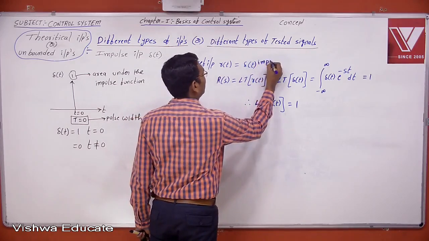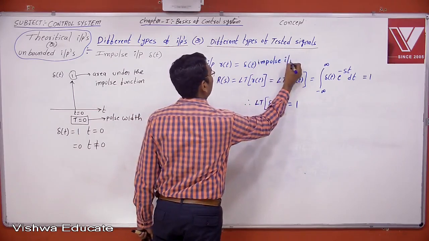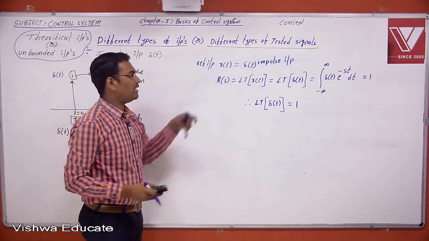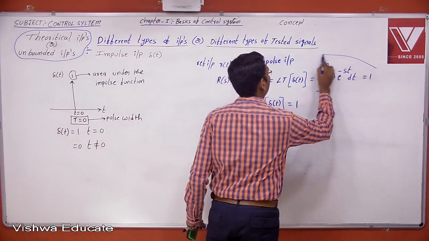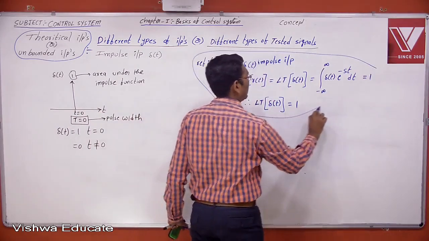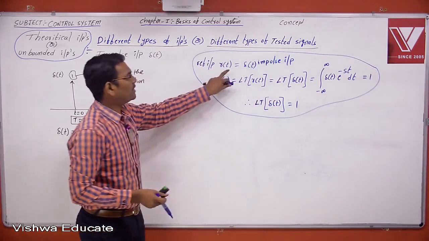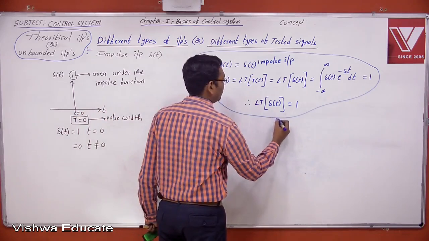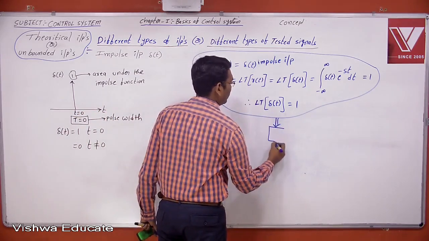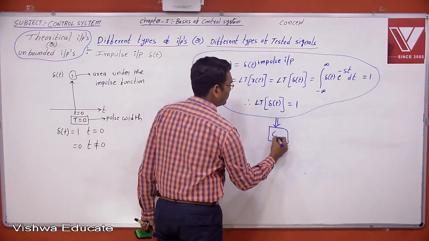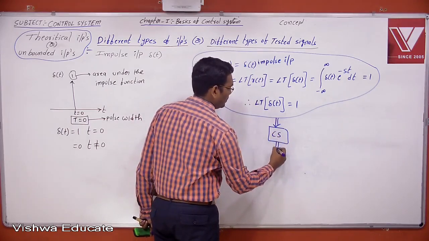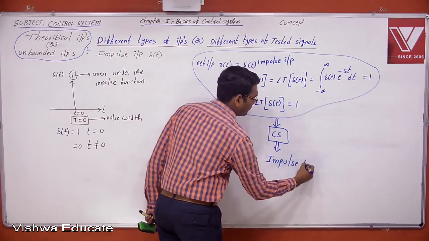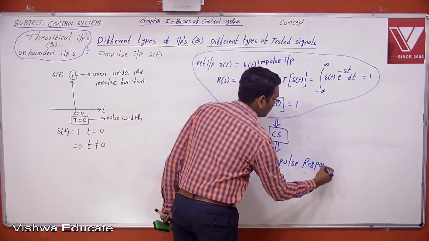If the reference input is an impulse input, when you give the impulse as an input to a control system, then its response is called the impulse response.